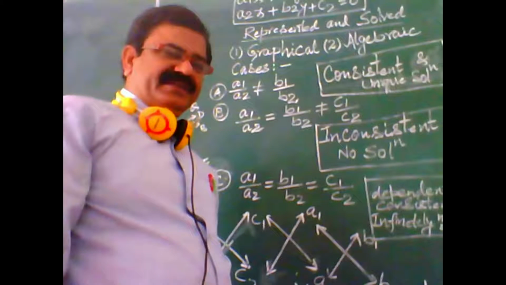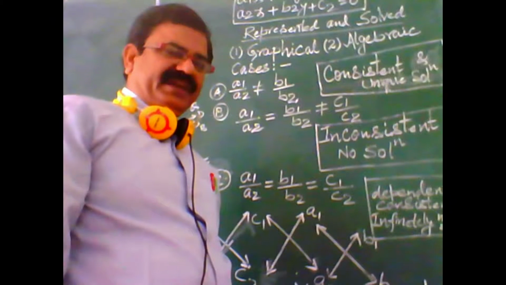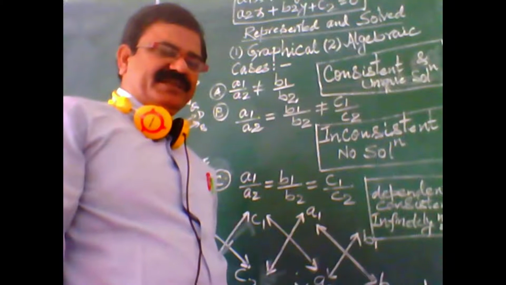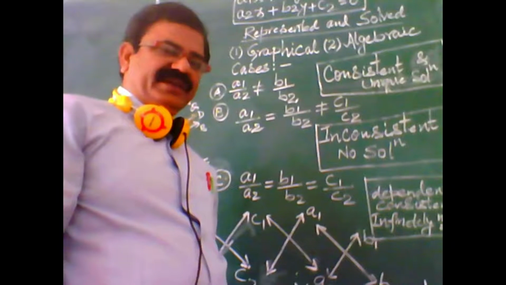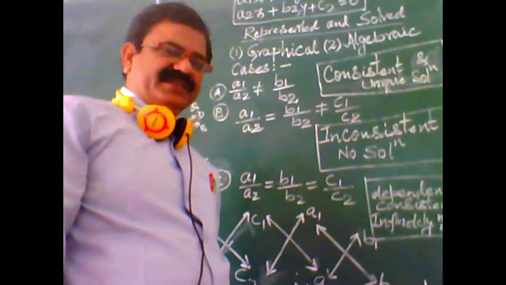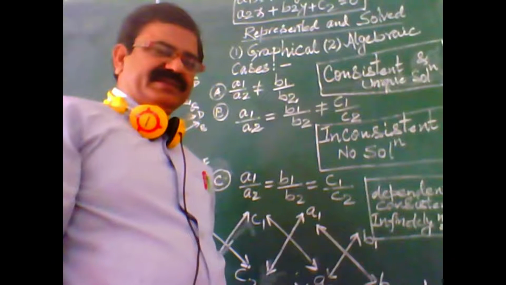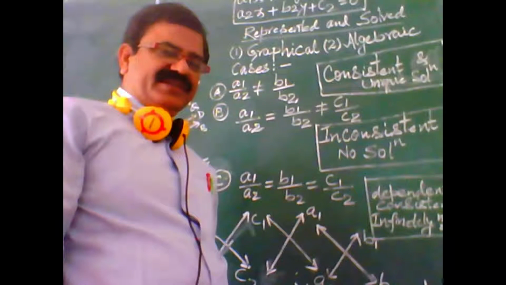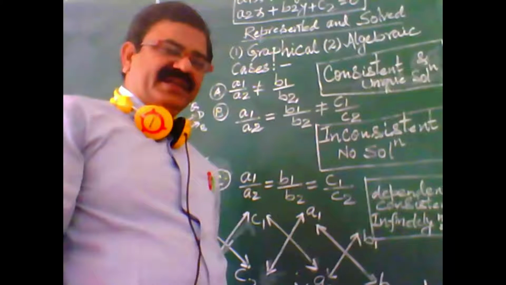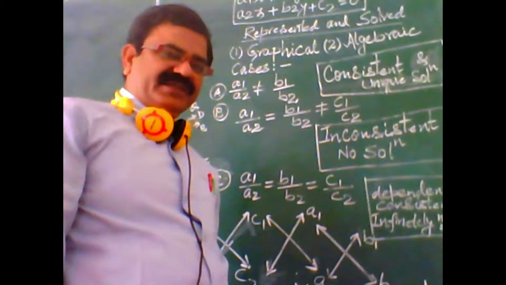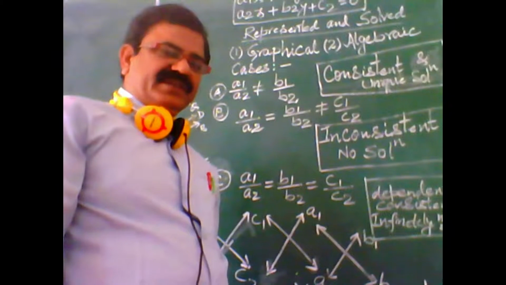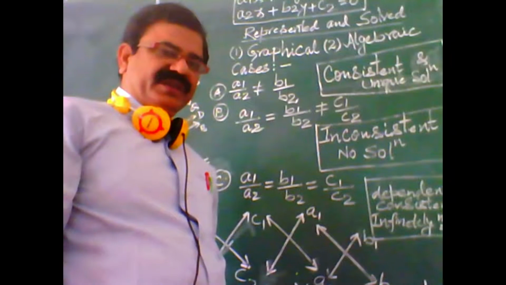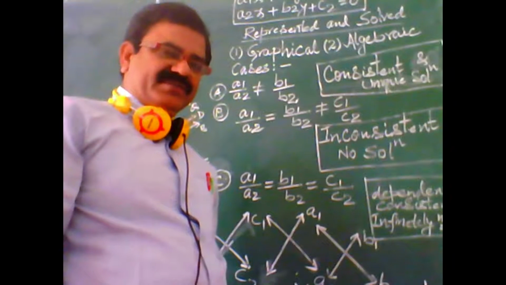Students, an equation is an expression with a condition of equality, and a pair of linear equations means two linear equations. A linear equation is an equation which has the power of 1 on the variables.